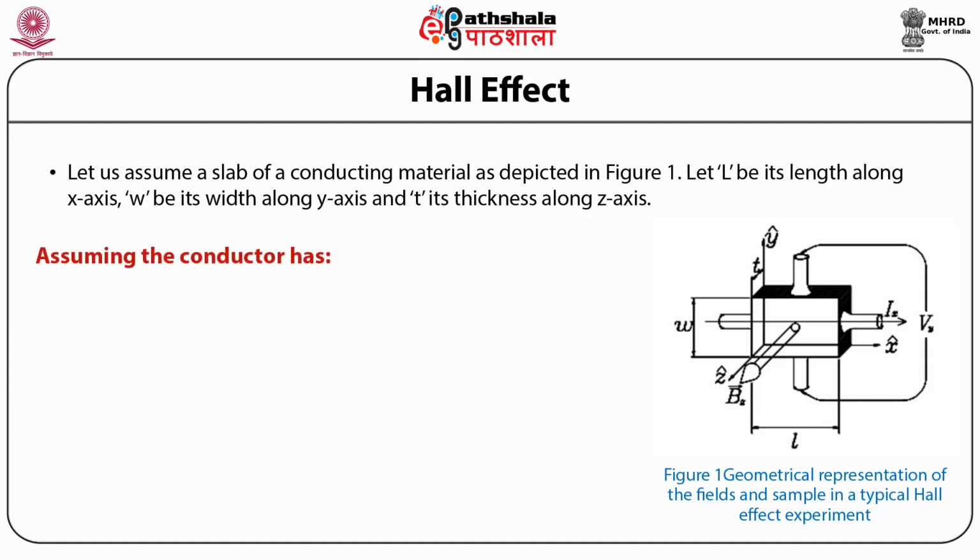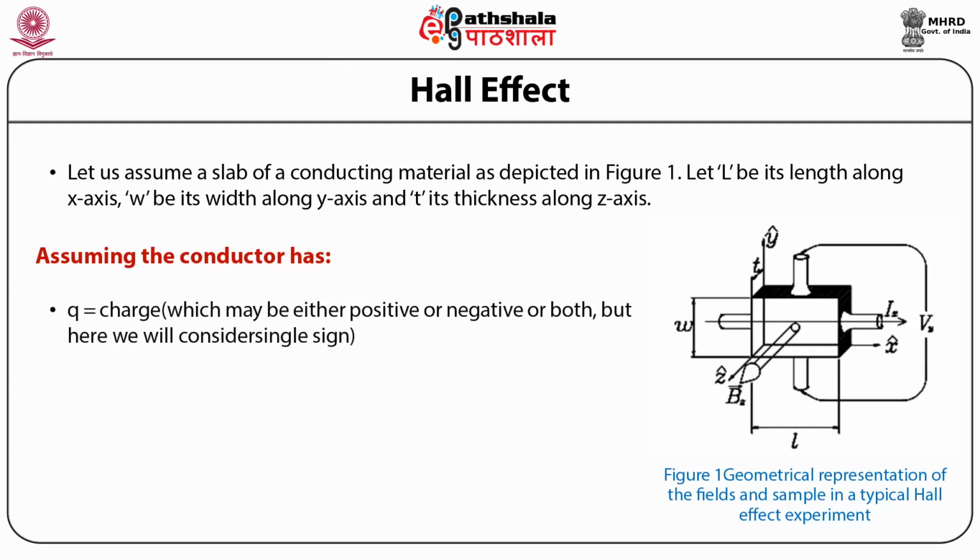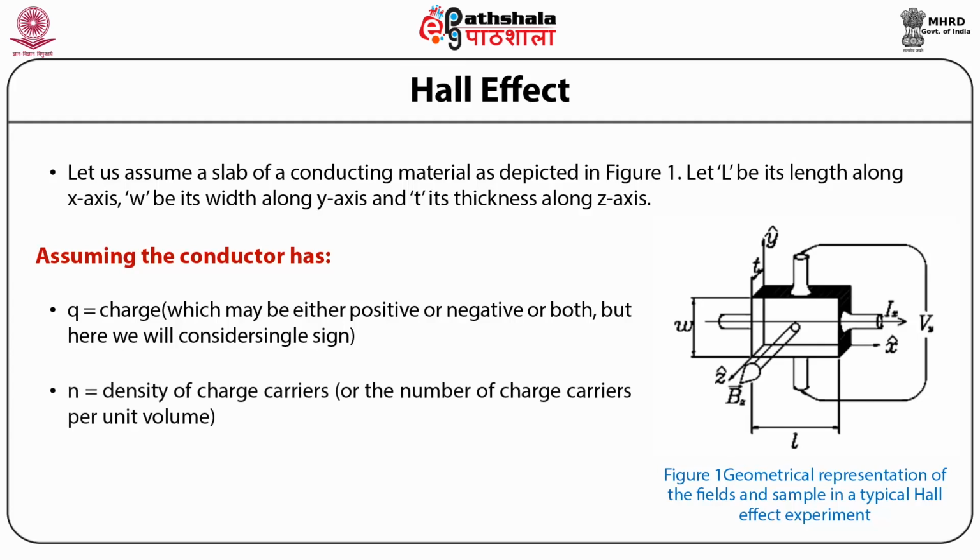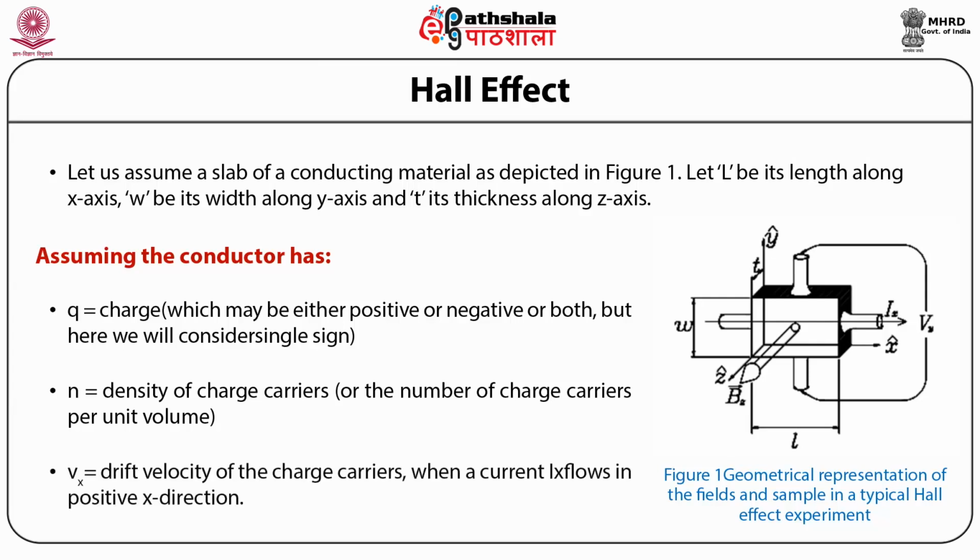Assuming the conductor has Q equal to charge, which may be either positive or negative or both, but here we will be considering a single sign, N equal to density of charge carriers, or the number of charge carriers per unit volume, and Vx equal to drift velocity of the charge carriers when current Ix flows in the positive x direction.